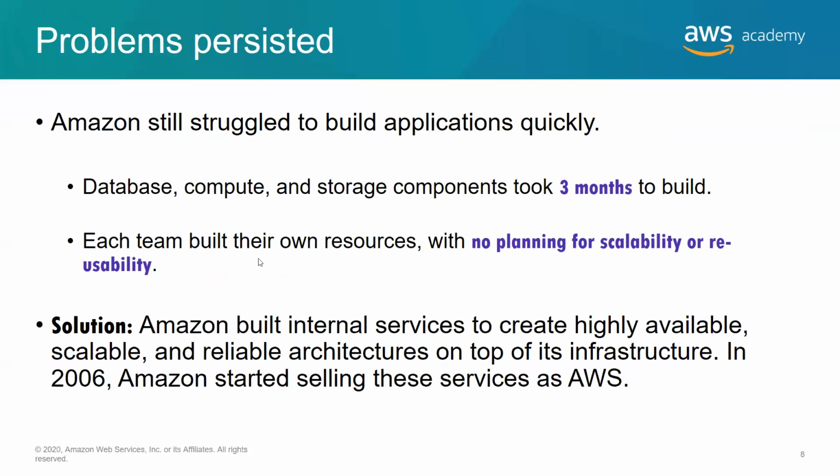This problem persisted at Amazon. They wanted all the resources to be highly available, scalable, and reliable. So on top of its infrastructure, Amazon built internal services in 2006, and they started selling all the services.